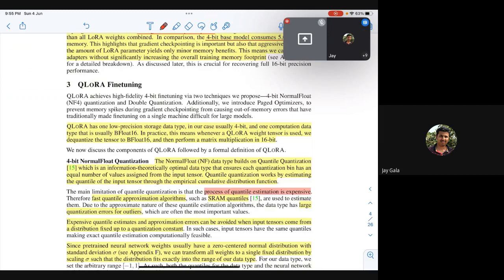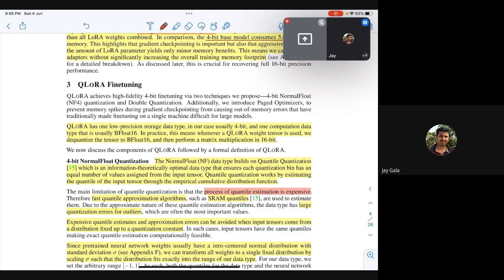Now we'll look into the details of the actual method and the different data type operations that they propose. Just to make it clear before we start: QLoRA has one low precision storage data type, that's 4-bit, and the computational data type, which is usually brain float 16, that we do operations in.